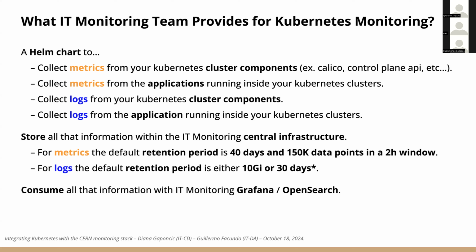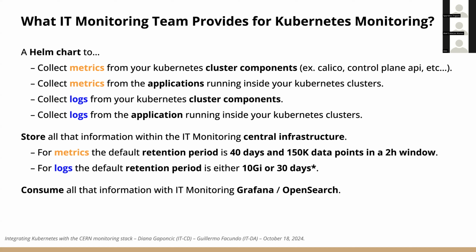So, entering into the presentation, what do we offer? Basically, when you want to monitor, there are three things involved. There is the collection of the information, then you need to store the information somewhere, and finally, you need to be able to consume it, to be able to see that information or to put alarms on it. In order to collect the information, we provide a Helm chart that is valid both for metrics and for logs.